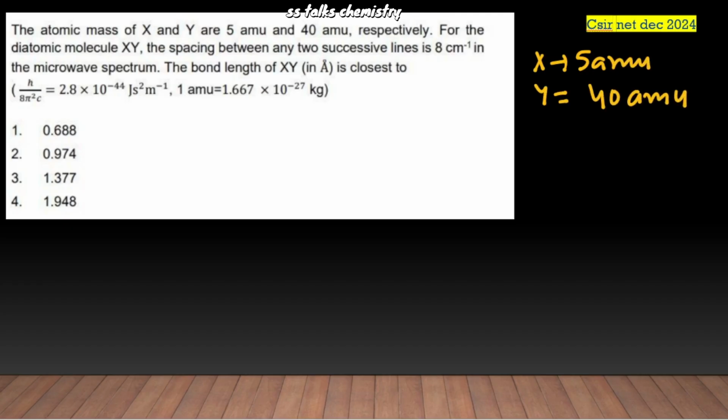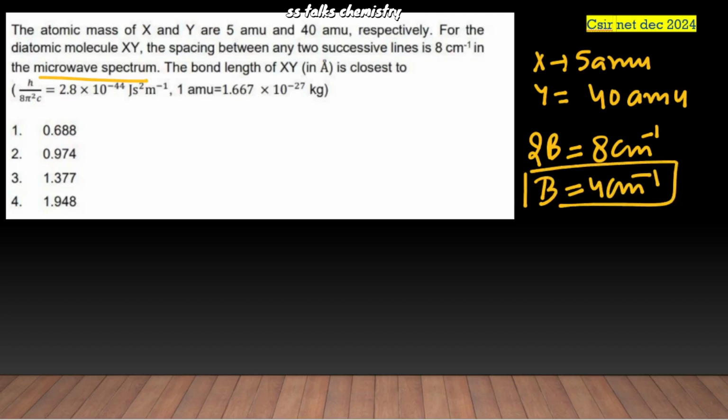For the diatomic molecule XY, the spacing between two successive lines is 8 cm inverse in the microwave spectrum. Microwave means the rotational spectrum, where the gap between the lines is 2B. So 2B is given as 8 cm inverse, and from here we get B as 4 cm inverse, right?